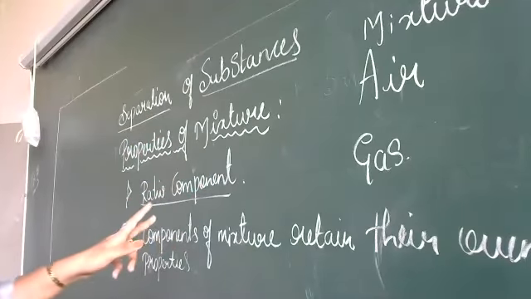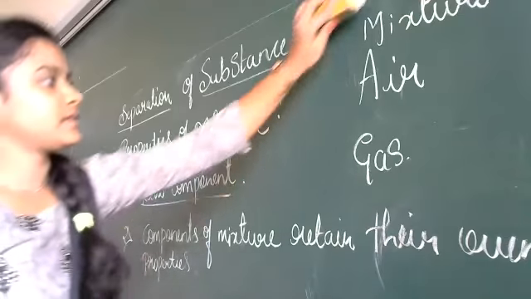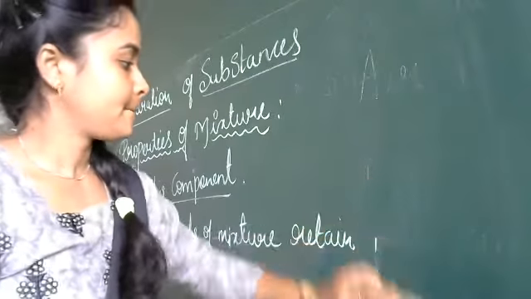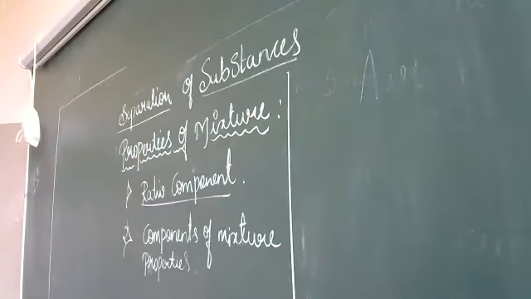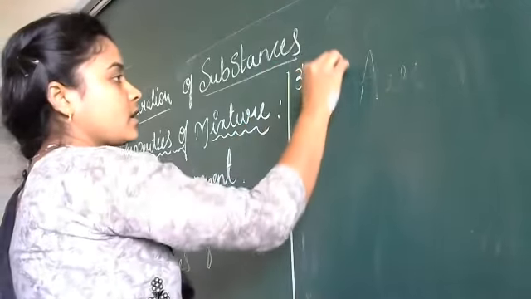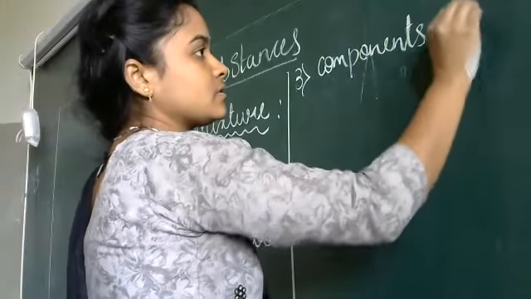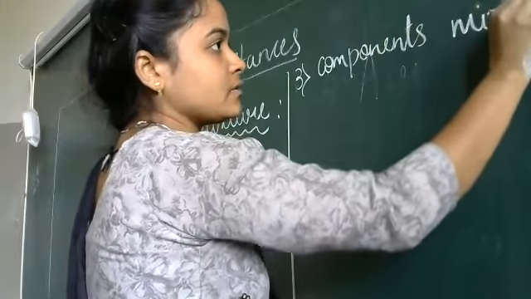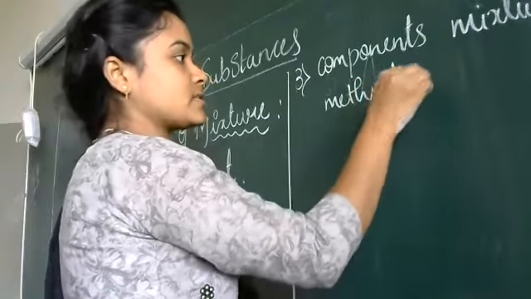These are two properties of mixture. Next one, the third one, I'll write this side. Okay, so the third property is that components of a mixture can be easily separated by some methods.